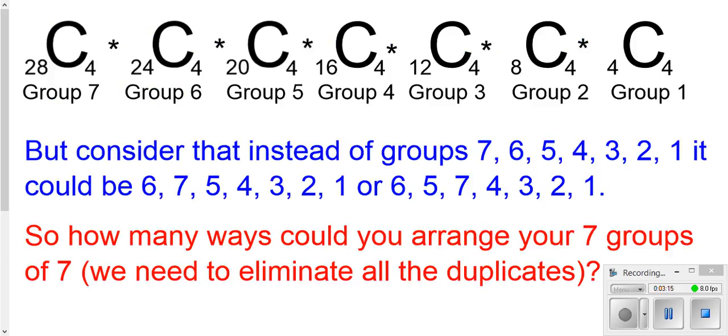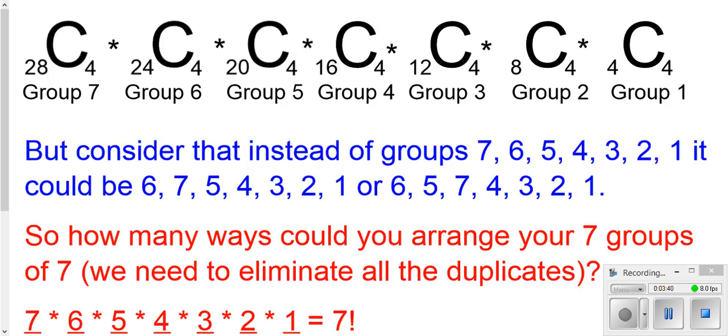So we need to consider how many ways can we take those 7 groups that we formed and basically eliminate the duplicates. Because if I switch the order of group 1 and group 4, switch them around, it's really the same situation because we're dealing with groups here rather than permutations.